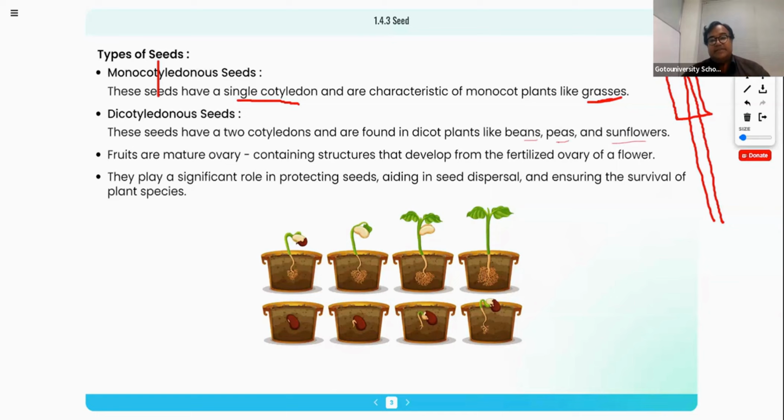If you observe very sharply, instead of saying tree for all of these, they'll say herb, shrub, tree. We won't say sunflower tree, we won't say pea tree, we won't say bean tree. The bean is a herb, the garden pea is a climber, the sunflower is a shrub.